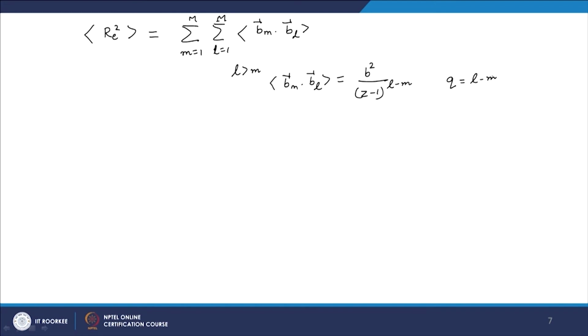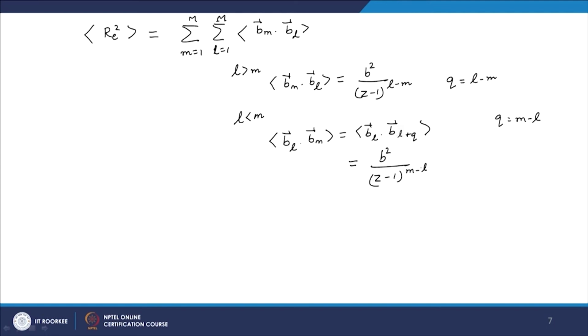On the other hand, if it is L less than m, then we can write this as something like Bl dot Bm, or Bl dot Bl plus q, where q now is m minus L. So what we see here is something like b square by z minus 1 to the power m minus L. So in general, what we see here is the power is always positive.